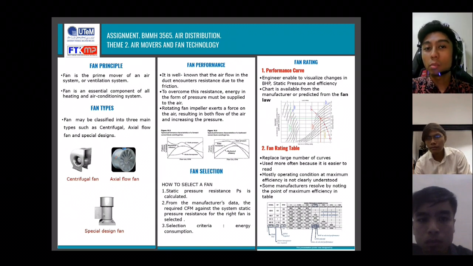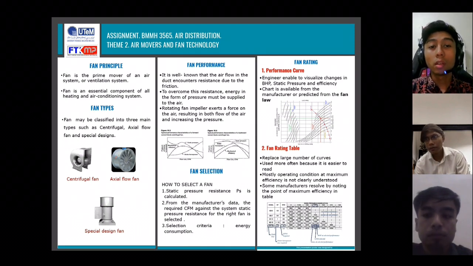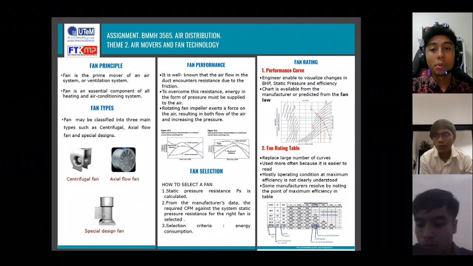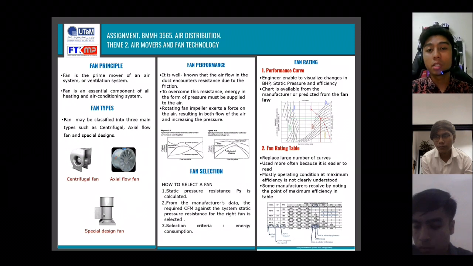The performance curves are available from the manufacturers, or we can predict from the fan law. Fan law is the relationship among fan performance for a given fan operating at changed conditions or for different size fans of similar construction. It is useful to predict performance when conditions are changed.